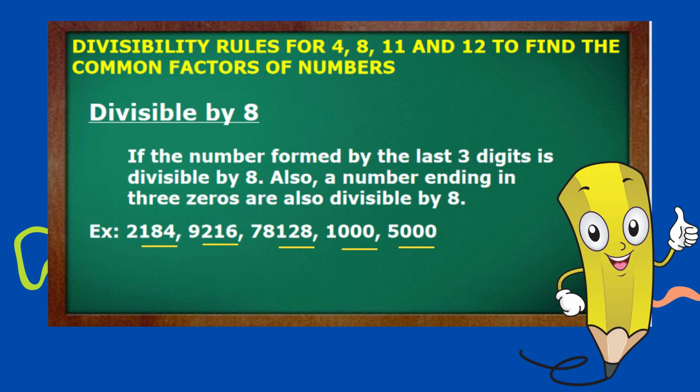Divisible by 8 if the number formed by the last 3 digits is divisible by 8. Also, a number ending in 3 zeros is also divisible by 8. For example, 2,184. Ang dulo niya ay 184. The last 3 digits is 184. 184 hatiin sa 8 ay 23.